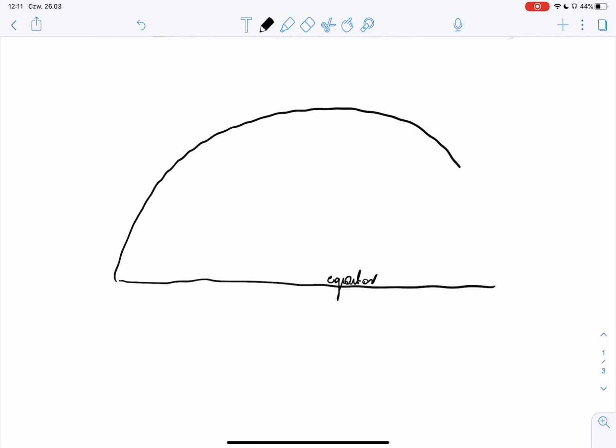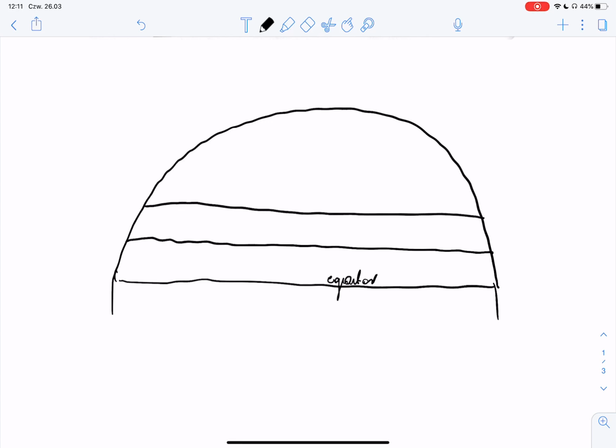If we take a look at the equator and the Earth, we will see that it looks more or less like this, the very simplified version. So here we have the warmest climate that is on Earth, which is the tropical rainforest.